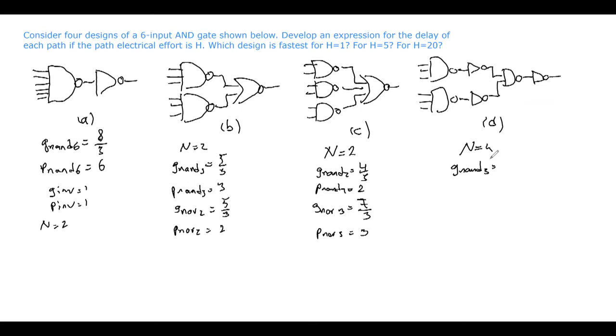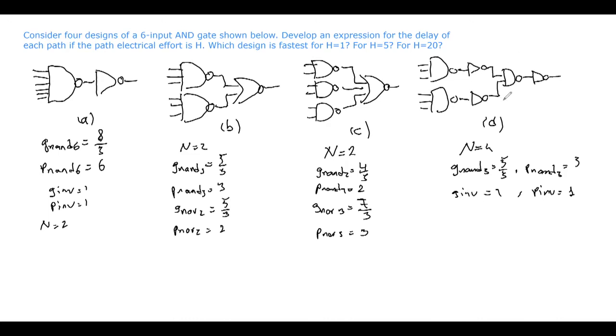We had derived this one, 5/3, we had written it here, 5/3. And what is the parasitic of this one? It is 3/3. And G of the inverter, we already know it's 1. And the parasitic effort is going to be 1.